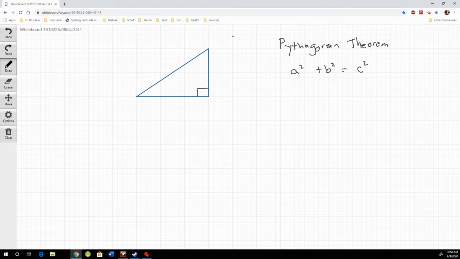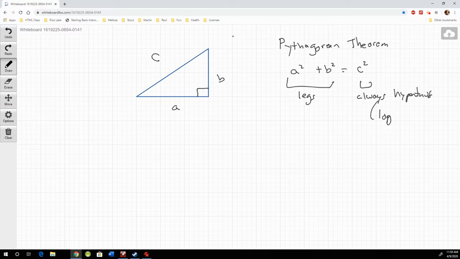And here's a right triangle, and a and b are always the legs, and c is always the hypotenuse, which is the longest side.